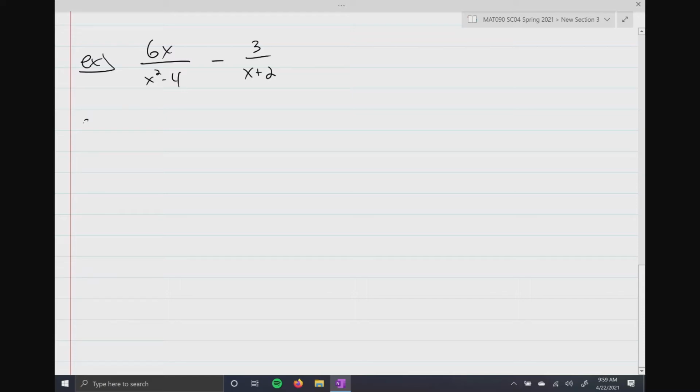Step 1. Let's find that LCD. X squared minus 4 equals x plus 2 times x minus 2. It's a difference of squares. X plus 2 is already factored.